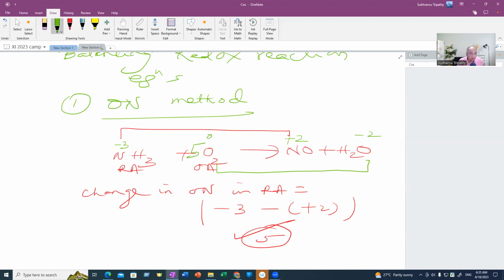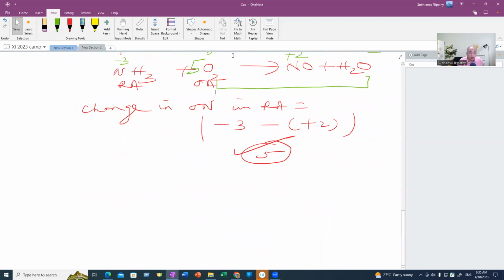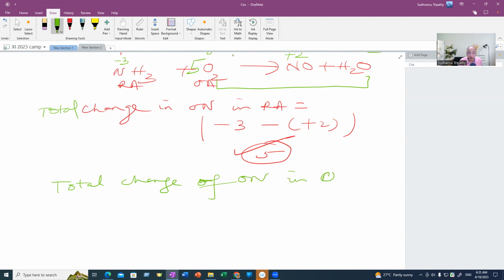Precisely, 4 is the answer because for 1 oxygen atom the change is 2. So let me add the total. Always the total change is required. Total change in the oxidizing agent: the change in oxidation number in the oxidizing agent is equal to 2 into (0 minus -2).